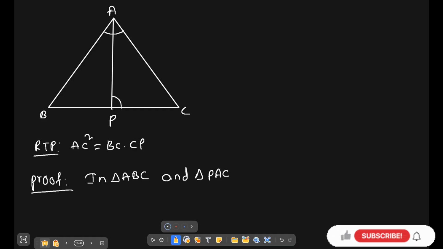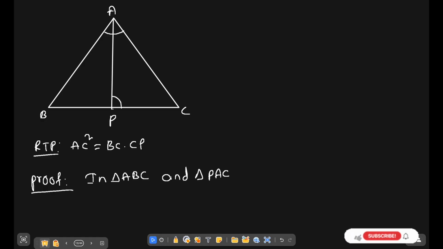We are comparing triangle ABC and triangle APC, or PAC. So let's compare the triangles.